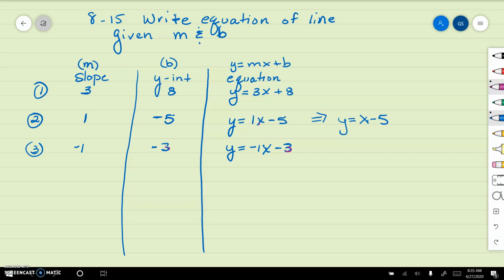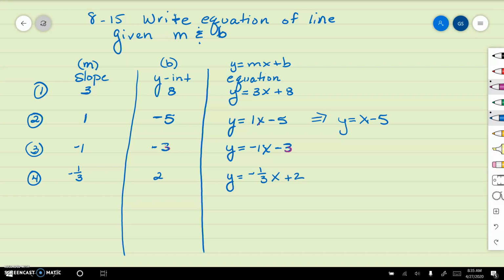Okay? All right, last one I'm doing with you. Number 4, -1/3 is your slope, and 2 is your y-intercept. So the way this line would be written is y equals -1/3x plus 2. Okay?